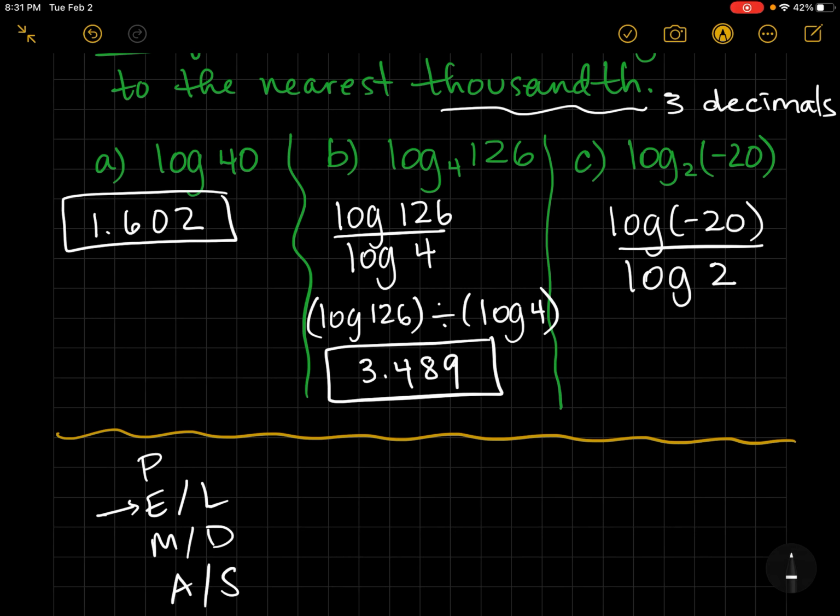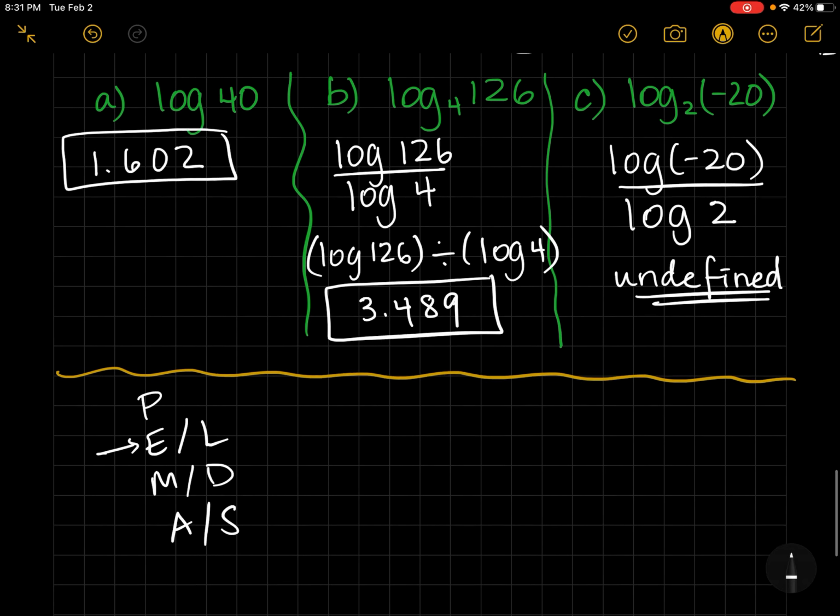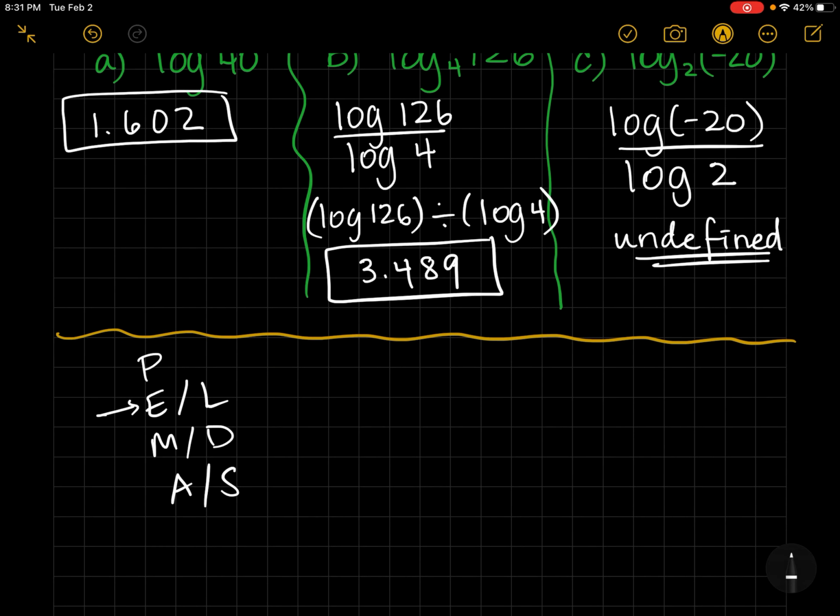And oh my goodness, do you see what's going on? The calculator says no thank you. It either gives you an error or syntax, or it just doesn't want to do it.